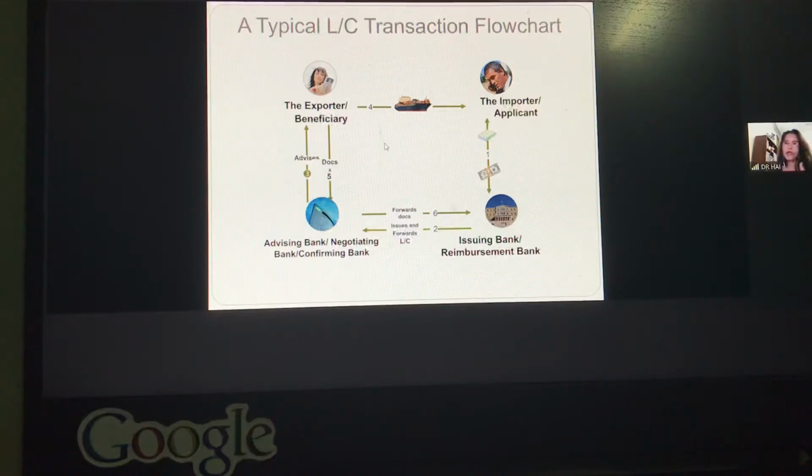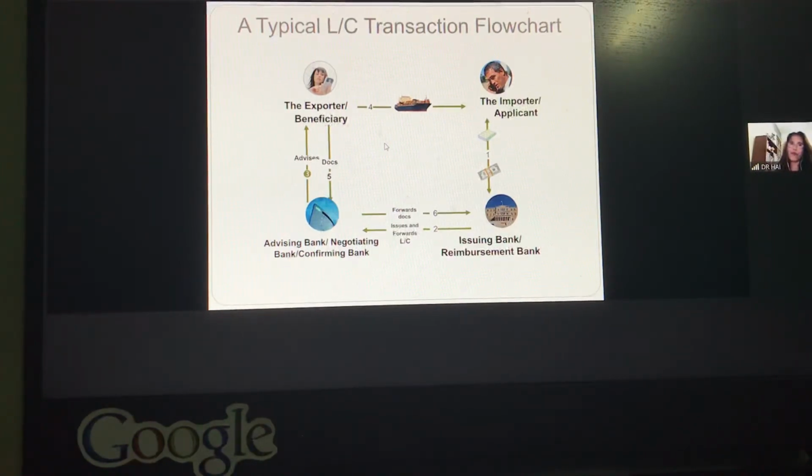We should get information from reputable banks, or we can get information from some companies. They do service, they sell information. Or you can get information in different ways.